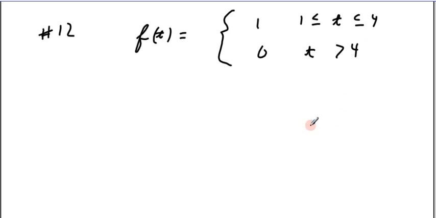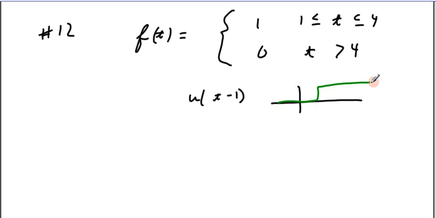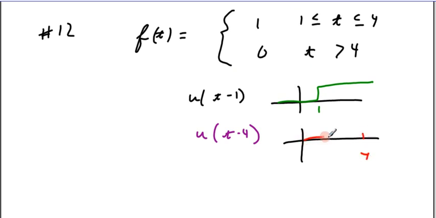Okay, so I look at that and I say, well, if I look at the unit step function of t minus 1, I end up with a graph that looks like that. That's 1. And if I look at a unit step function of t minus 4, I end up with a graph that goes out to 4. And that looks like that.